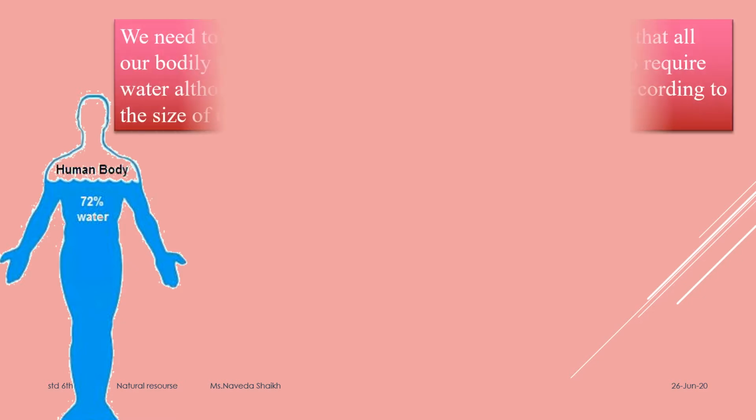Now, as we learned that we require water for so many different activities outside, our body also requires water in a very large amount. Our body and most of the living organisms' bodies are mainly made up of water. The blood in your body is also nothing but water along with other components.